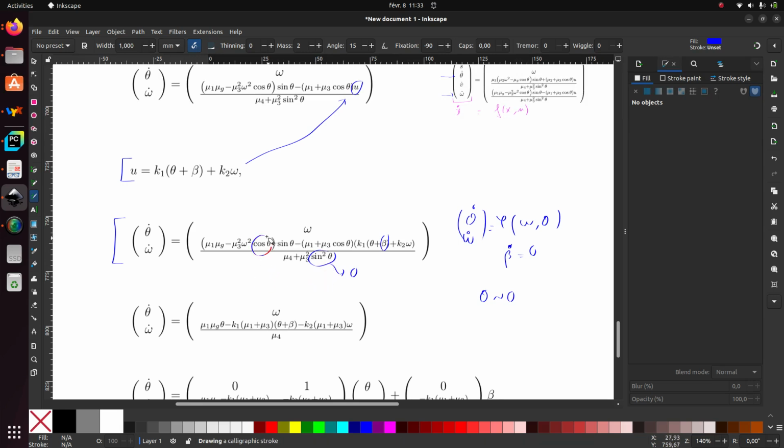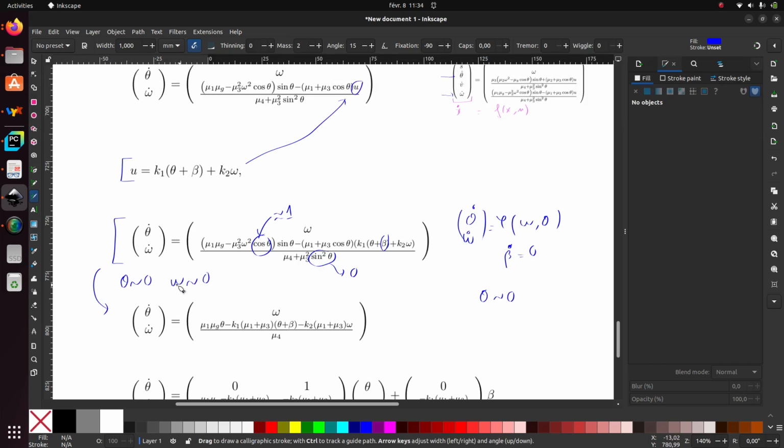This one will approximately be equal to 1 at first order, and if I do this, I obtain at first order this equation. So from this to this, I have performed a linearization around theta approximately equal to 0 and omega approximately equal to 0.